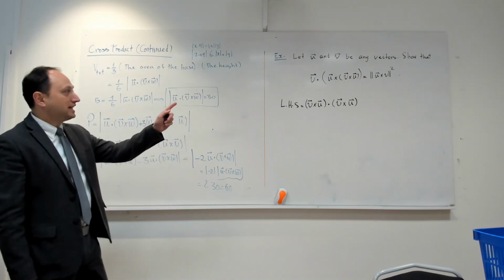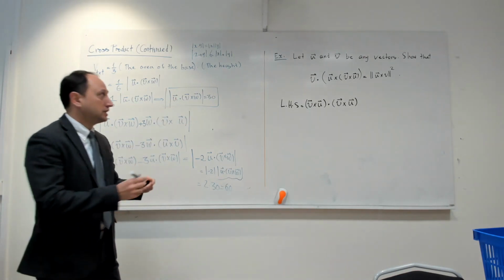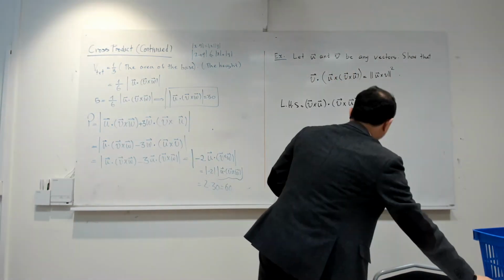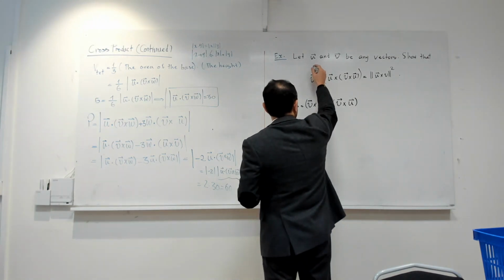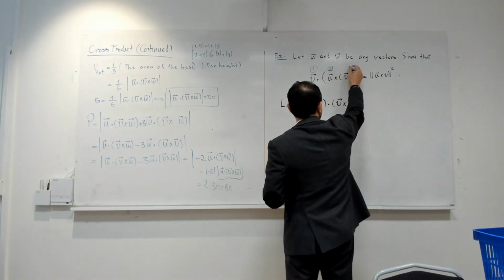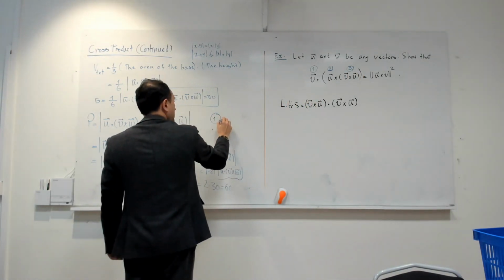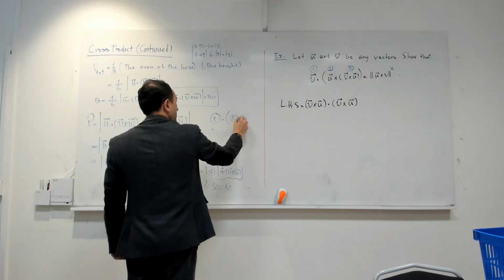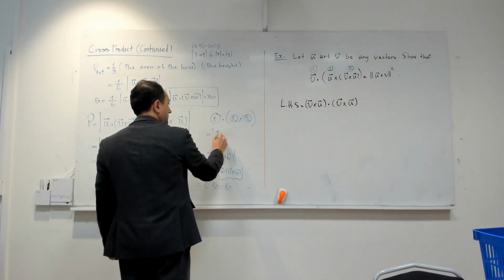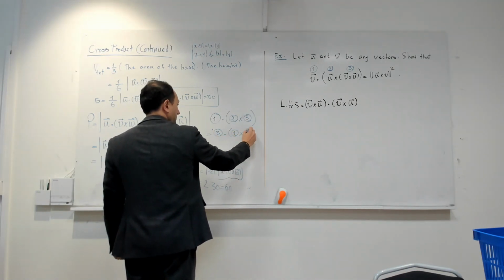You see, it's not very clear, but hopefully you realize that's exactly the cyclic property. This is playing the role of your W here. This is your first component, this is your second component, this is your third component. What is the cyclic property? The cyclic property tells you this is equal to that.